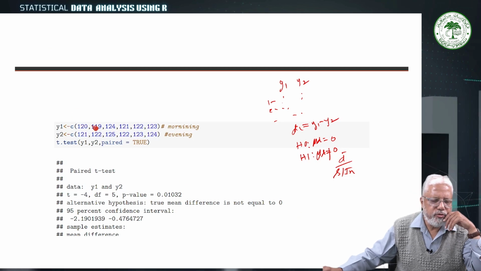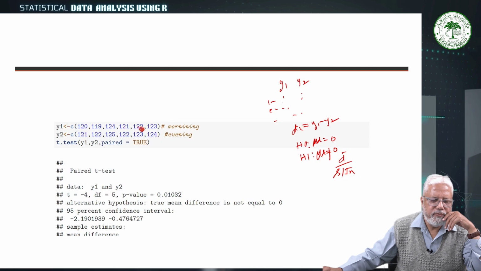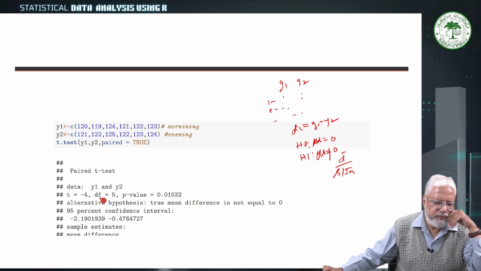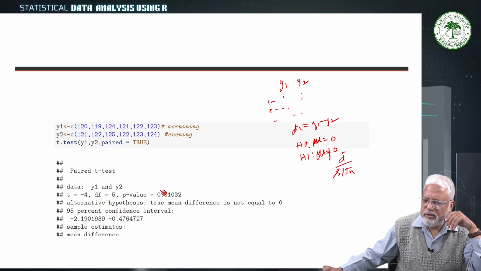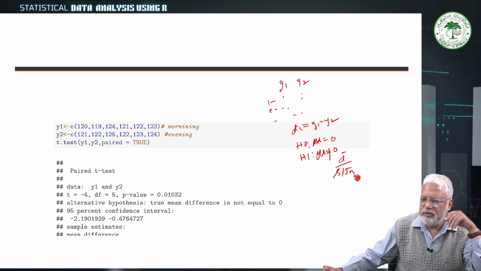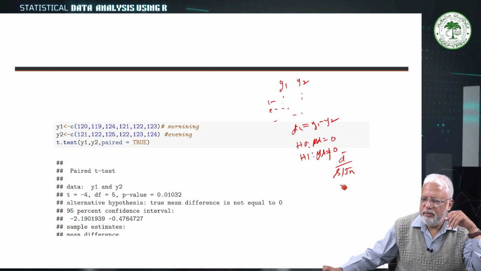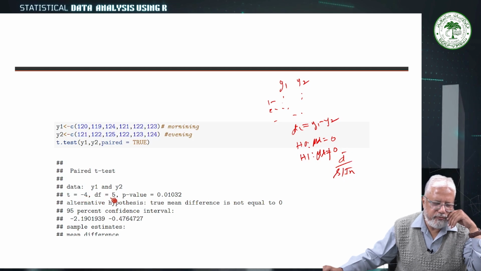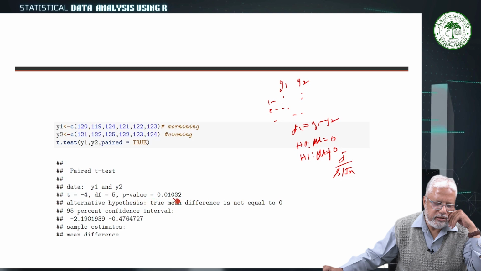Each group is having 6 observations. This is the value of the t statistic, d bar divided by s by square root of n. The degree of freedom is 5 and the p value is 0.01.